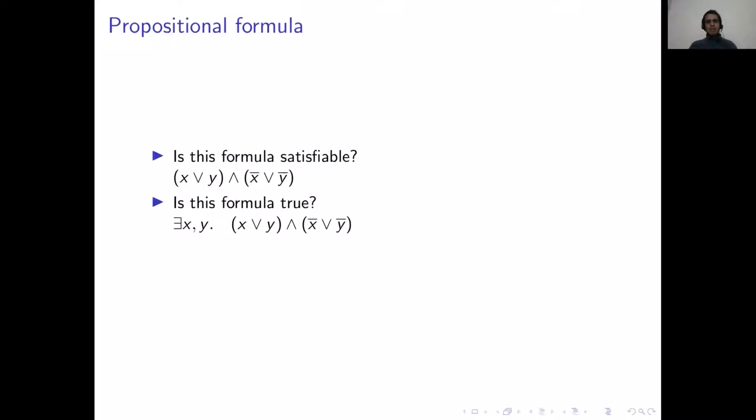The answer to this question is that yes, the formula is satisfiable, or true. Setting x to 0 and y to 1 shows that.